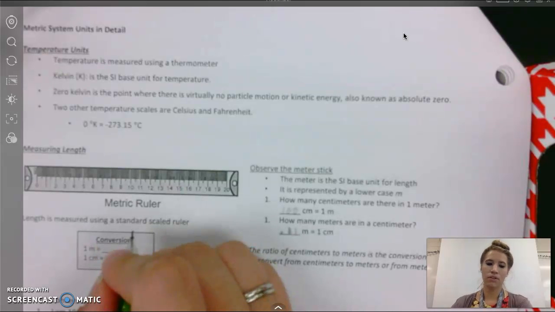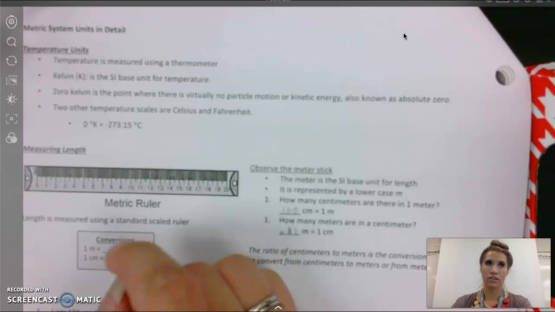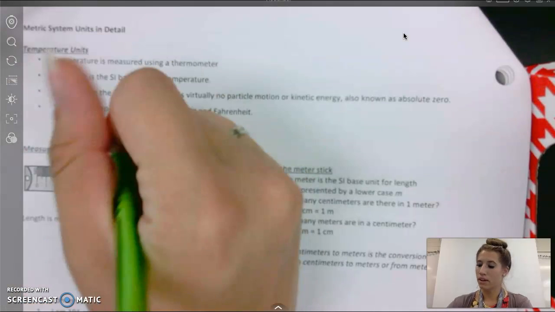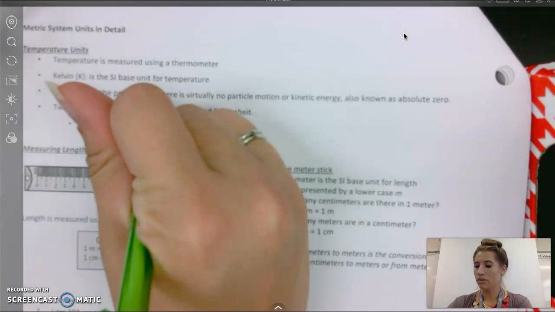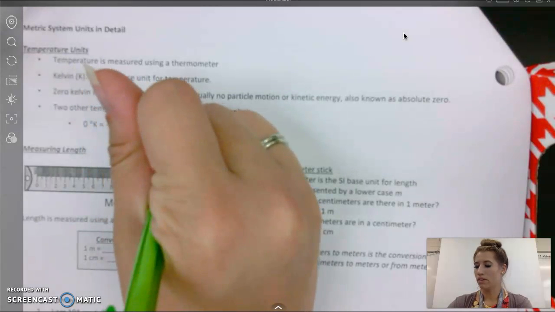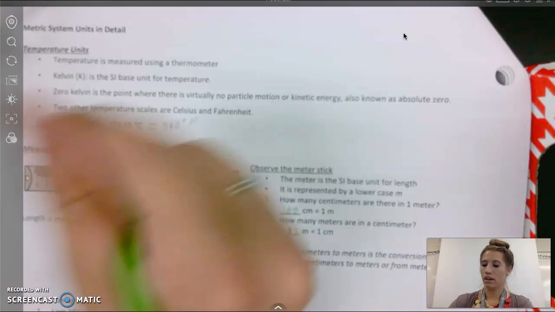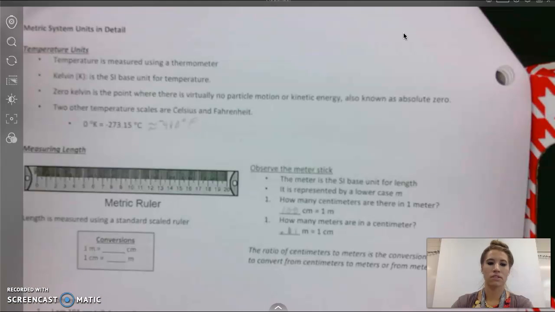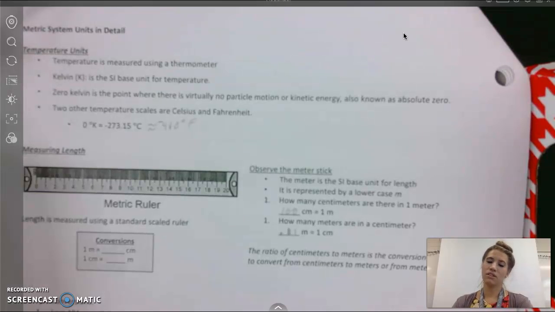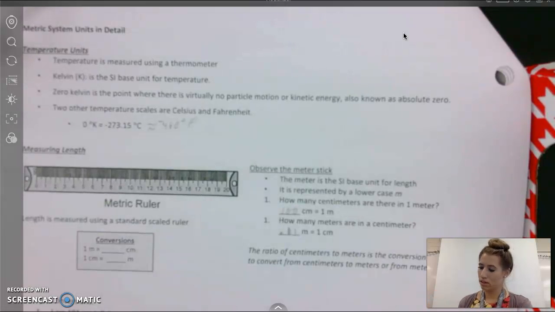To give you some context, something you might be more familiar with, this is about negative 460 degrees Fahrenheit. So that's what a Kelvin is. 0 Kelvin is absolute zero.